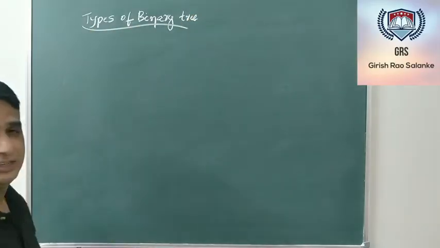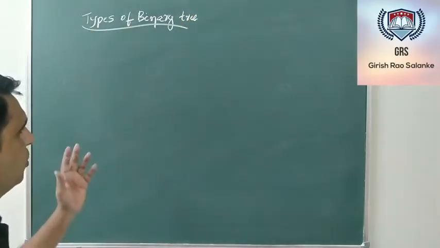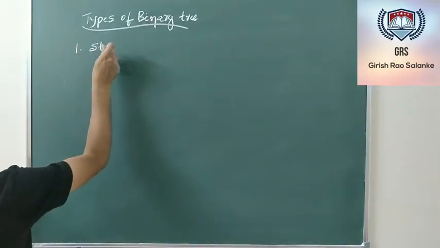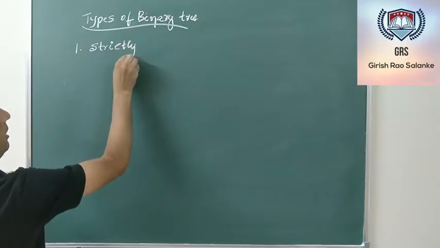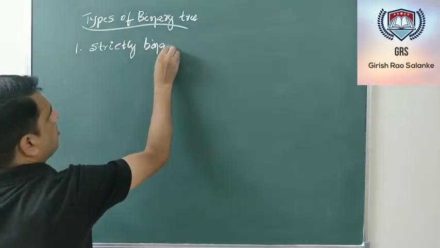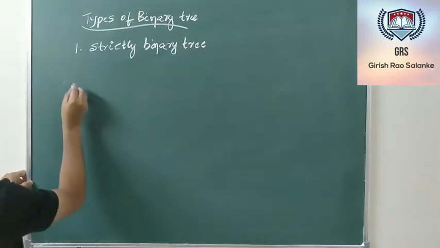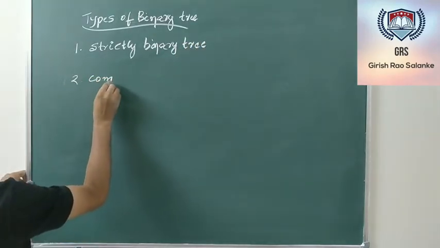There are many variants of binary trees. I'll just restrict to only 4 or 5. The first one is called a strictly binary tree. The second one, complete binary tree.